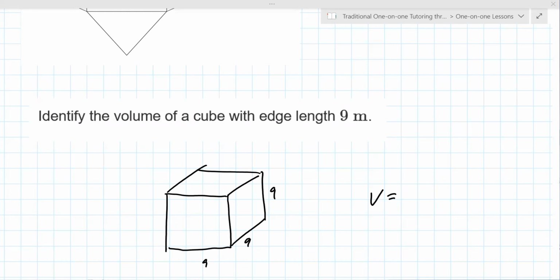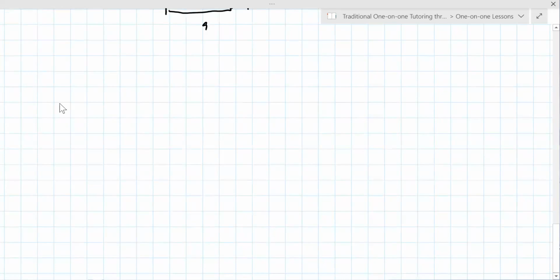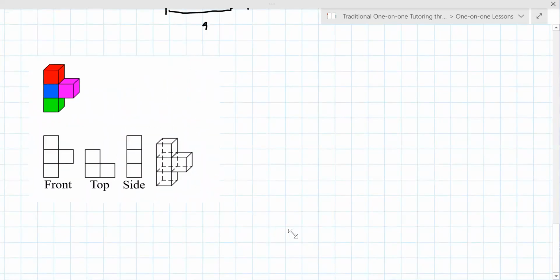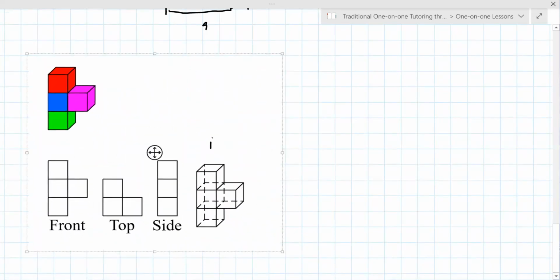All right. So the next one here is this isometric thing. Basically we start with the isometric view here. Yes, that is correct. The top is not correct. The side is also not correct.